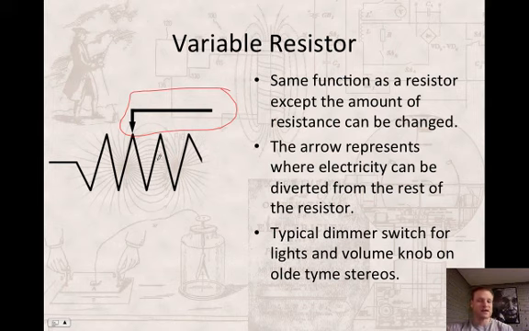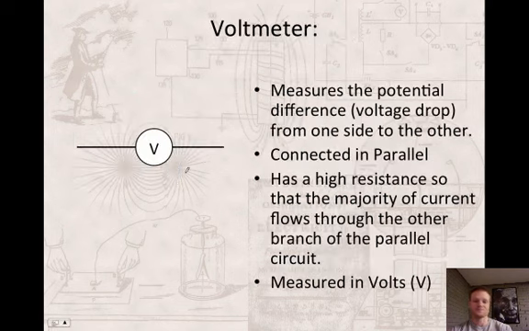As you slide the dimmer down, you increase the resistance at this variable resistor, and so the lights become dimmer. Back in the day, stereos used to do the same thing, where you would adjust the volume, and that was actually a variable resistor in the stereo systems. I don't believe any longer use that type of technology, but back in the day, that's how they did it.